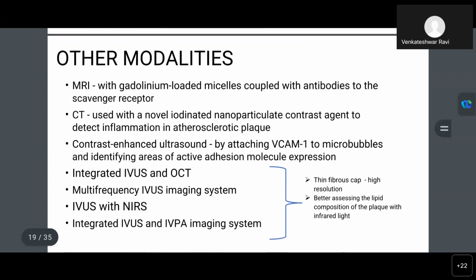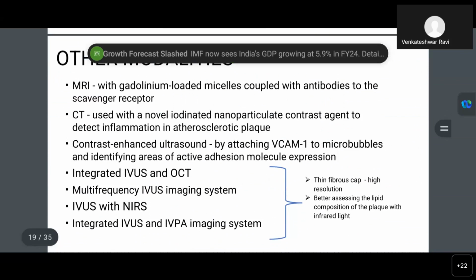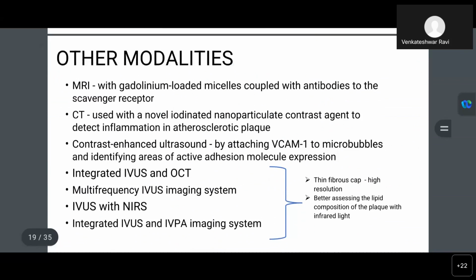We can use MRI with gadolinium-loaded micelles coupled with antibodies to scavenger receptor. CT is used with novel iodinated nanoparticle contrast agents to detect inflammation in the atherosclerotic plaque, and contrast-enhanced ultrasound by attaching VCAM-1 to microbubbles and identifying areas of active adhesion molecule expression.